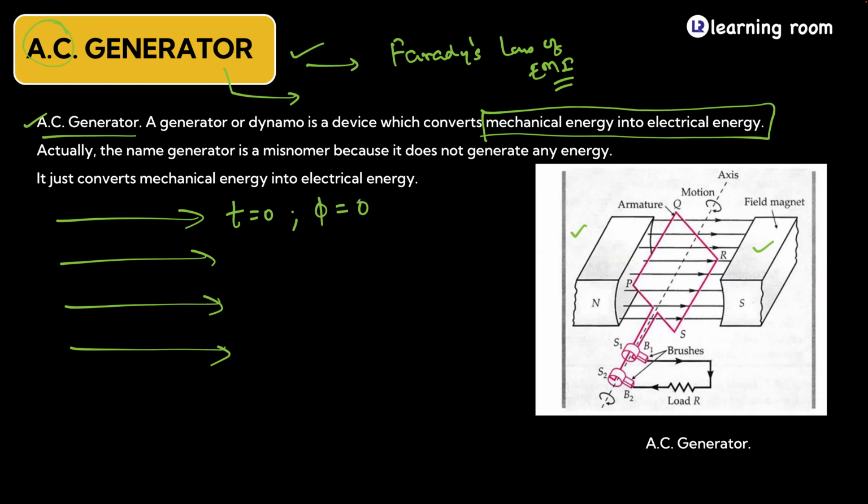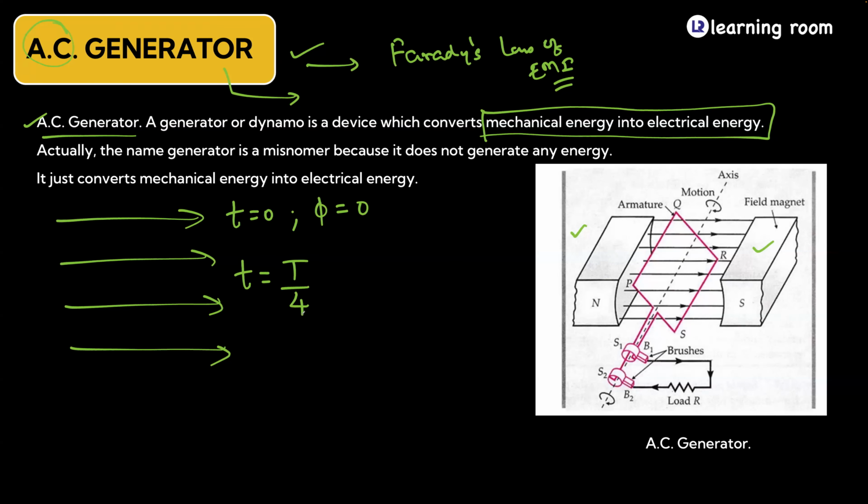So when it makes a rotation from t equal to 0 to some time, any idea how much the time is going to be? I told you I'm going to break the whole rotation into 4 equal parts. So if the time taken for one complete rotation is 1 time period, then how much time will it take to rotate from 0 to 90 degrees? It will take 1/4 of the time period.